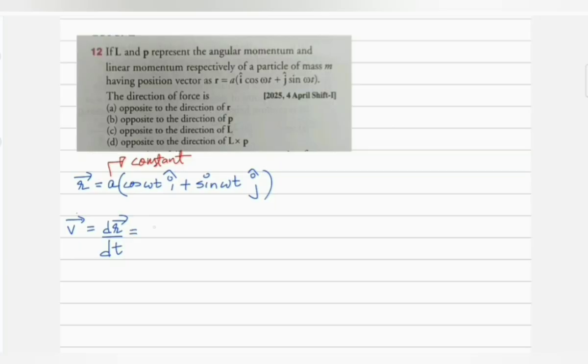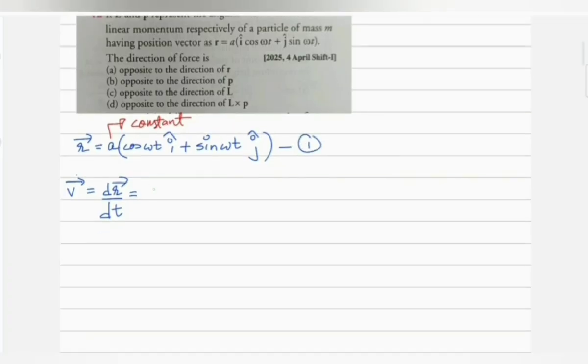Over here in this equation number 1, r vector, A is a constant. I can take this outside the differential sign. The derivative of cos omega t i cap will be minus sin omega t into derivative of omega t, which is omega, with unit vector i cap as it is, plus the derivative of sin omega t, which will be cos omega t into omega, multiplied by unit vector j cap as it is.